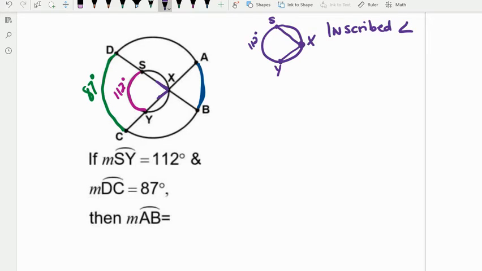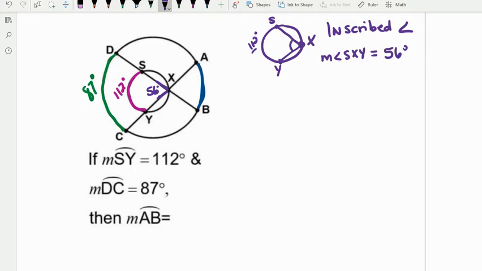So the measure of this angle is just going to be half of our arc, right? The measure of an inscribed angle is half the measure of the arc. So the measure of angle SXY would be 112 divided by 2, which is 56 degrees, right? So in here, this angle is 56 degrees.